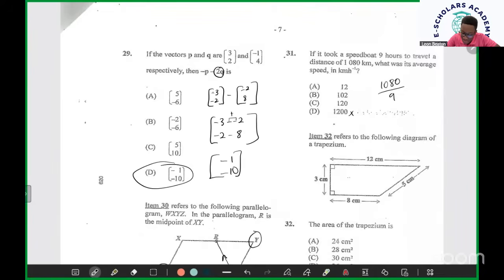Definitely know this is not the answer. Probably look like 102, probably I'll give B, but let's see. So let me divide 1080 by 9. 9 can go into 10 one time. 9 times 1 is 9. Subtract, become 1. Bring down the 8. 9 can go into 18 two times. 9 times 2 is 18, 0. Bring down the 0. 9 can go into 0 zero times. So 120. C. All right, C.